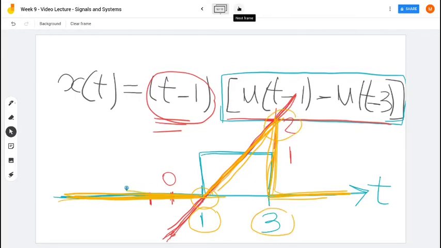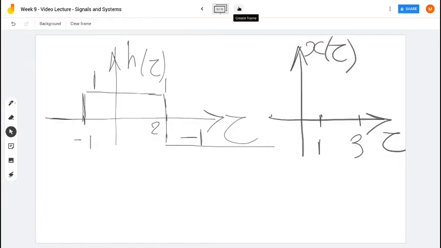So moving on, let me draw x of tau. So starting at 1, ending at 3, and straight line from 1 to 3 like this, and the maximum value over here is 2.